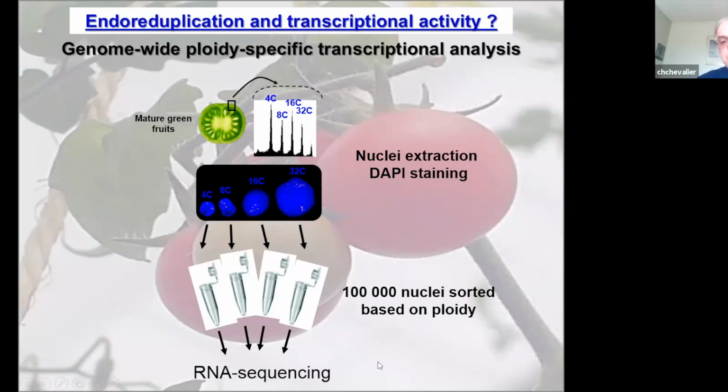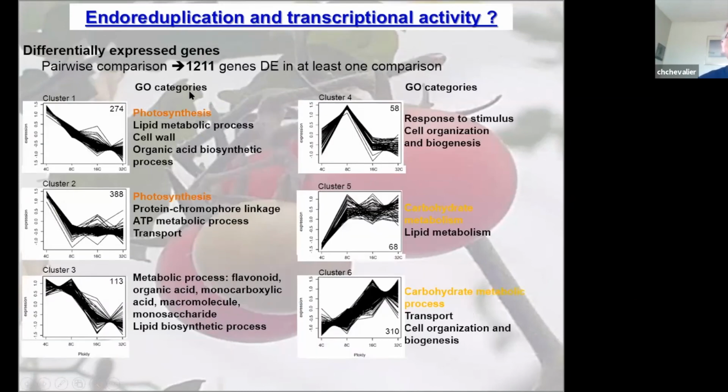And through this experiment, we have been able to demonstrate that we could have more than 1,000 genes that could be differentially expressed when we compare a 4C DNA level to an 8C DNA level, an 8C to a 16C, a 16C to 32C, and so on. And we have been able to follow the expression of these genes according to the different ploidy levels.